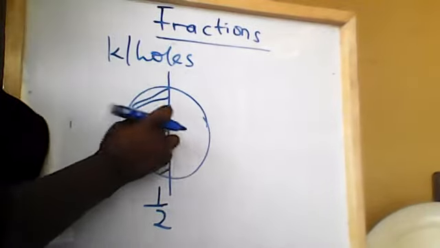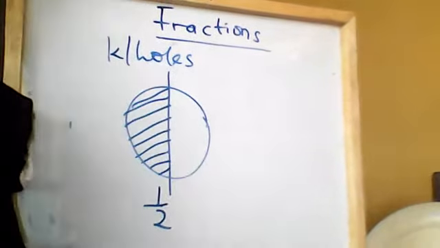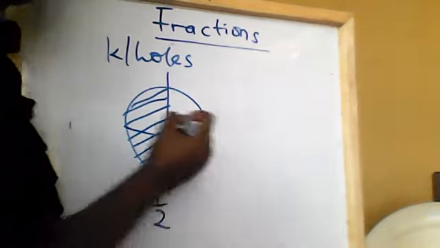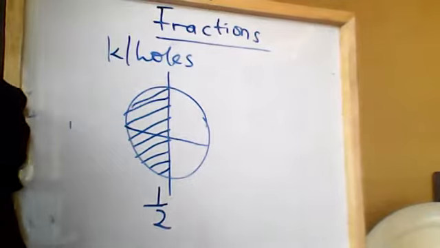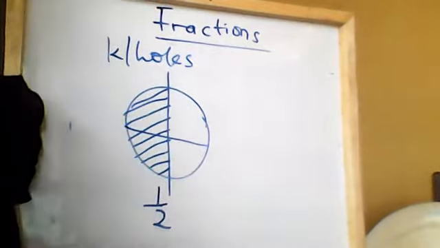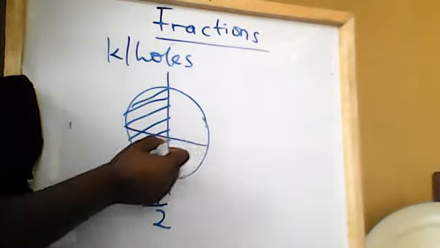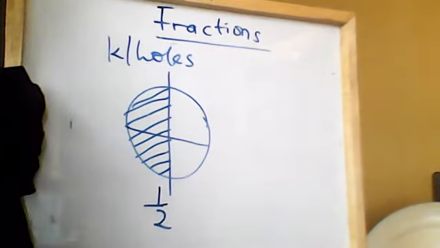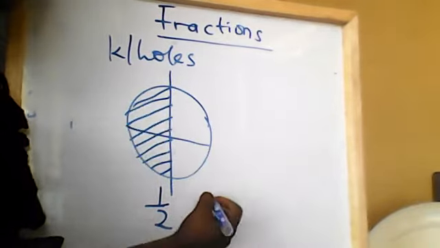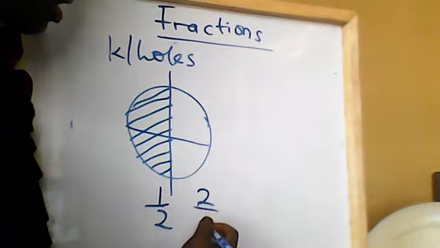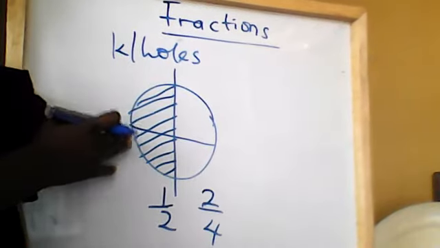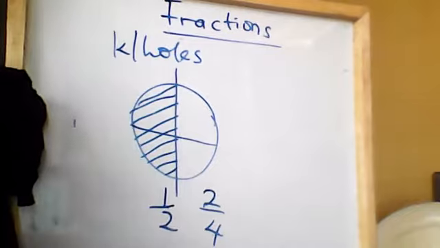If we divide it further into four sides, then we have two parts shaded out of four sides. So to represent these two parts, we'll have 2/4, because the circle is now divided into four sides.